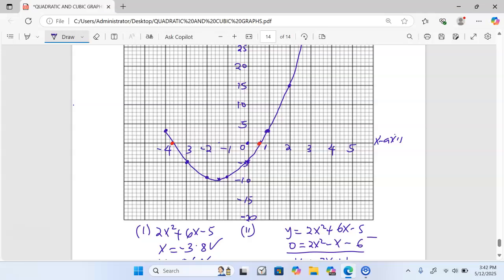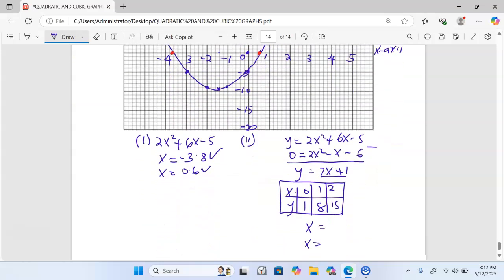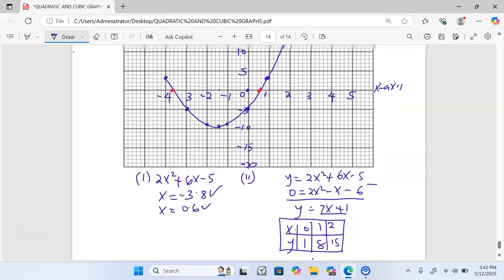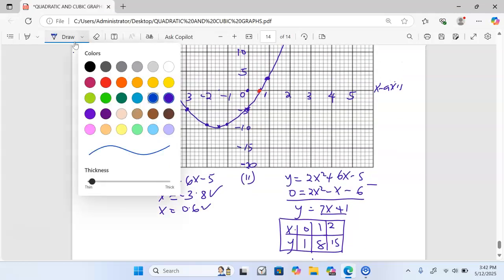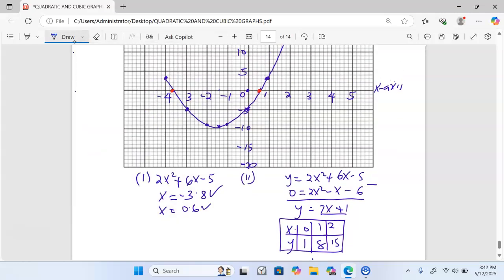So as part of the plotting, when the value of x is 0, here, y is 1. When x is 0, y is 1 at this point. And when x is 1, y is 8.